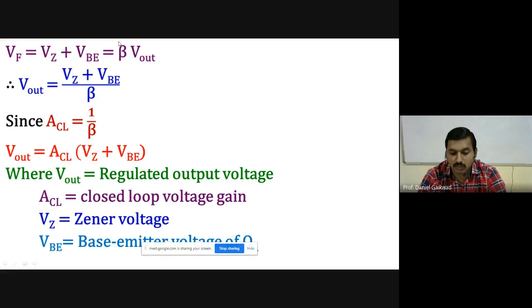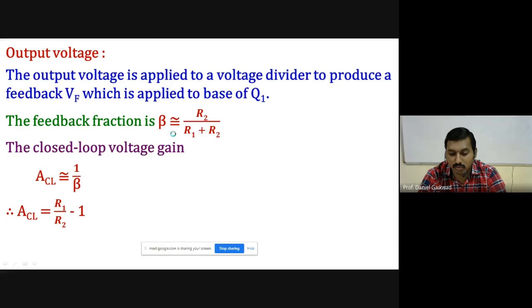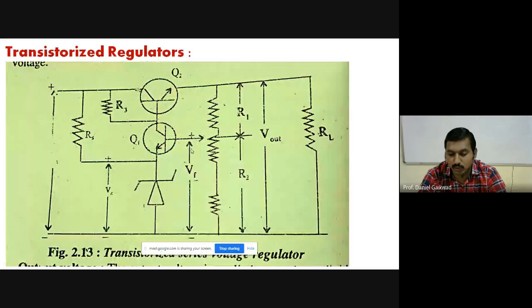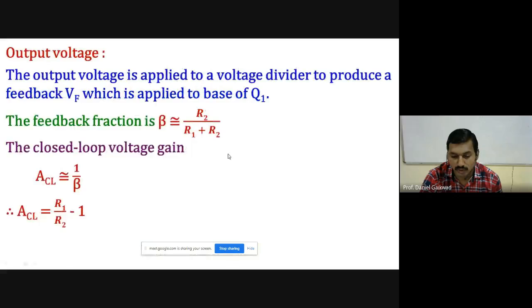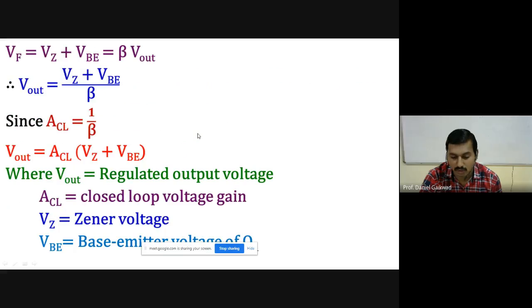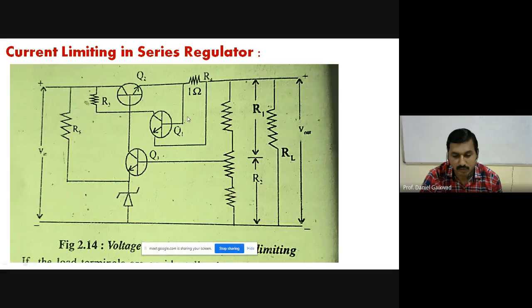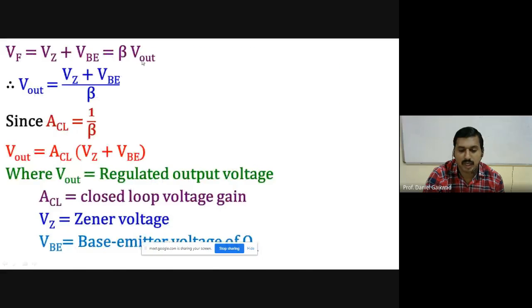Now check carefully, beta times Vout, again we have the formula. Vf is also equal to the voltage across R2, and that is R2 upon R1 plus R2 times Vout.